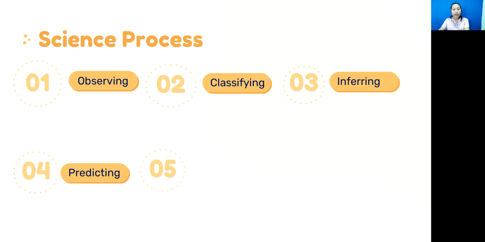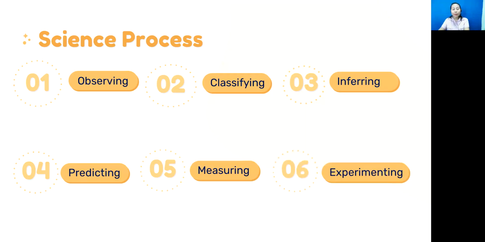Number 5 is measuring. Measuring. Very good. And number 6 is experimenting. Everybody say experimenting.